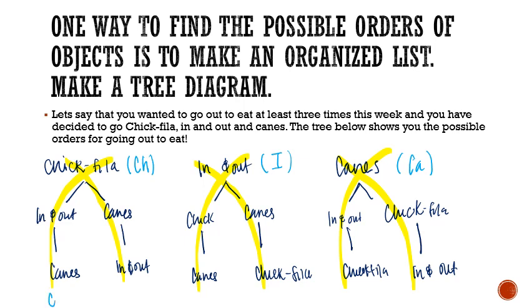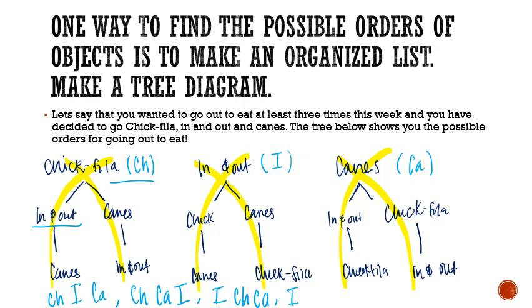For the first one, it's Chick-fil-A, then In-N-Out, and then Cane's. The next one is Chick-fil-A, then Cane's, then In-N-Out. Then the next one is In-N-Out, Chick-fil-A, Cane's.